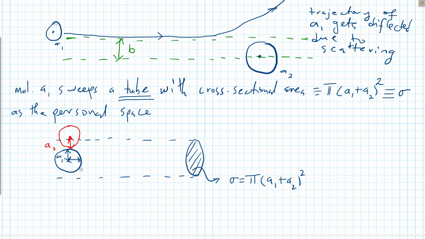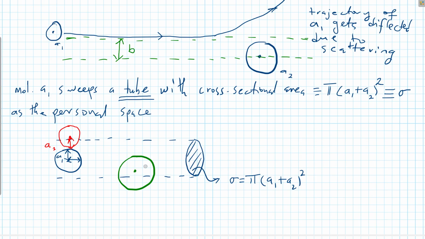If any other molecule is found whose center lies inside this tube, then A1 is going to collide with that other molecule. For example, if I sketch another molecule in green, and the center of that molecule is really inside the tube.